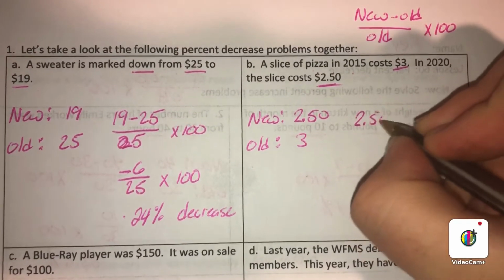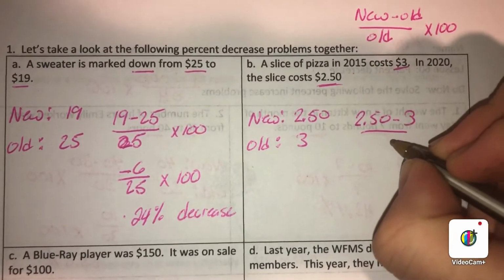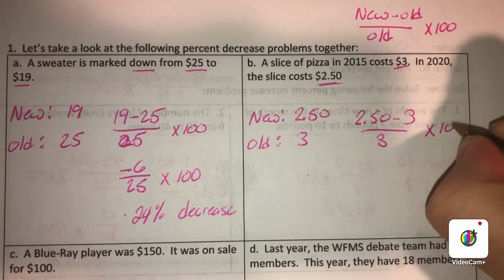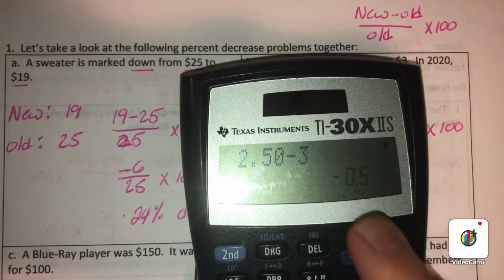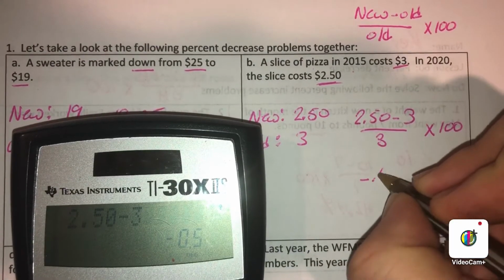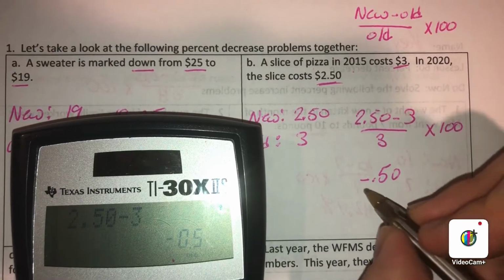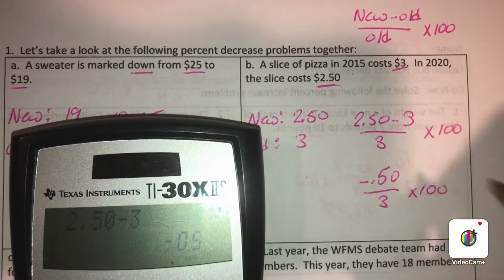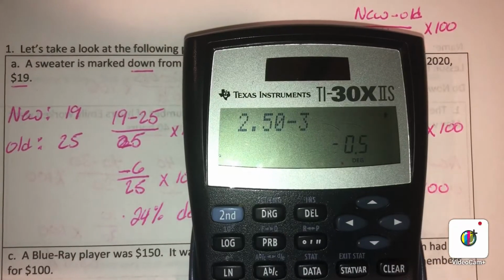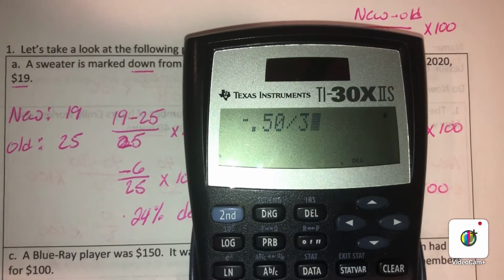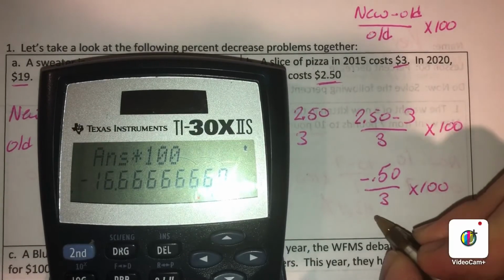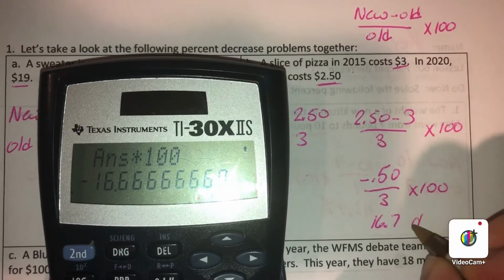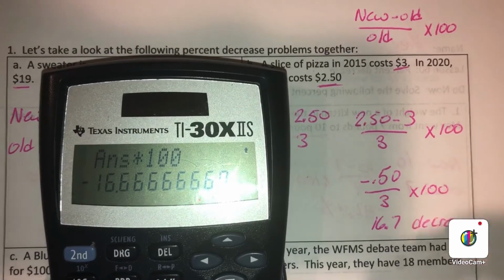So $2.50 minus $3 divided by 3 times 100. 2.50 minus 3 gives us negative 0.50, divided by 3, times 100. So it's negative 16.7%. So we have a 16.7% decrease.